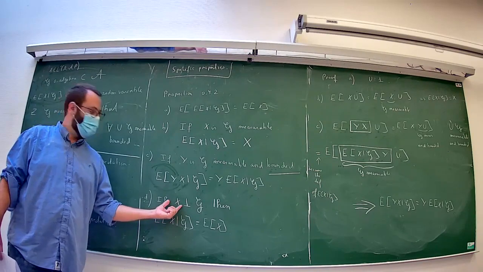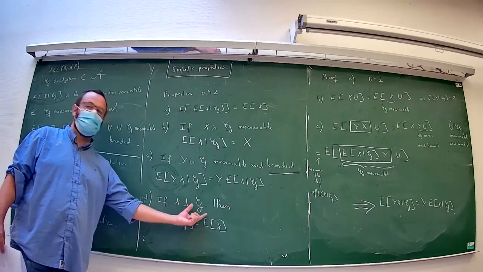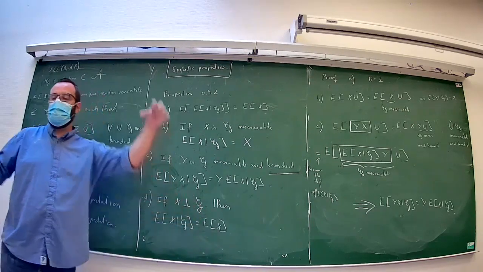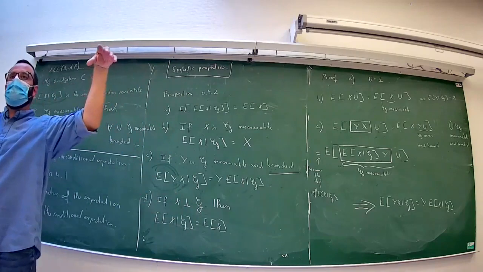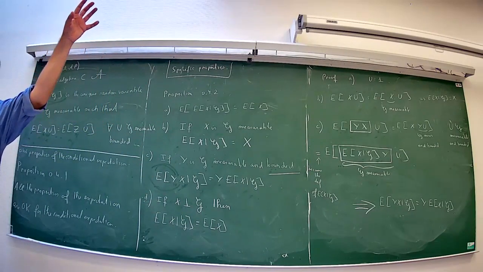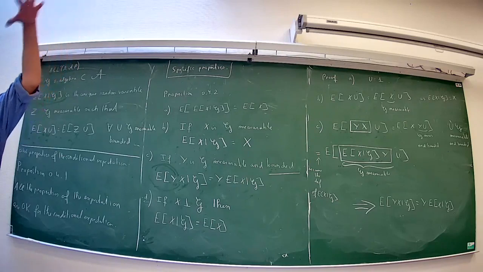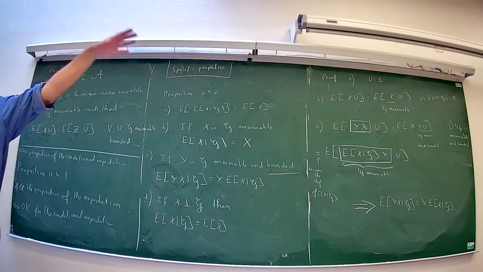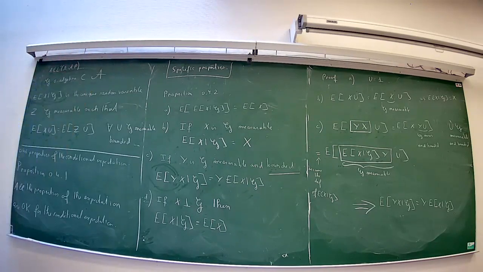This one means that sigma of x and J are independent. And the independence between sigma algebras is just that for any element in the first and any element in the second one, the probability of the intersection is equal to the product of the probabilities. So I repeat, independence of sets, you know, probability of intersection is equal to the product of the probabilities.